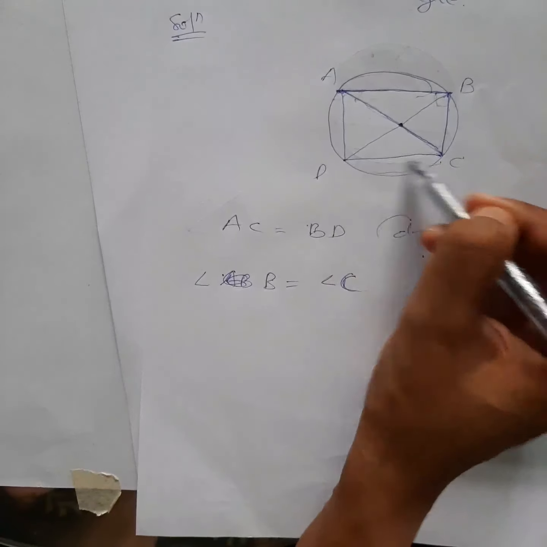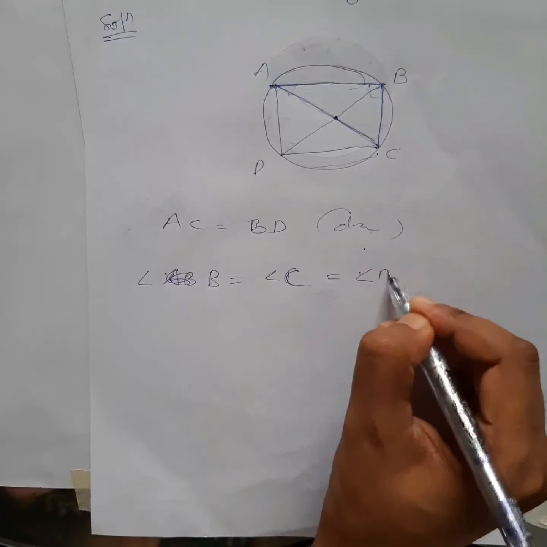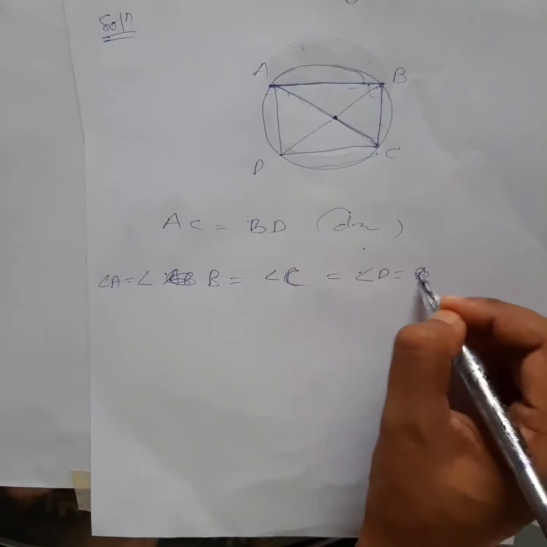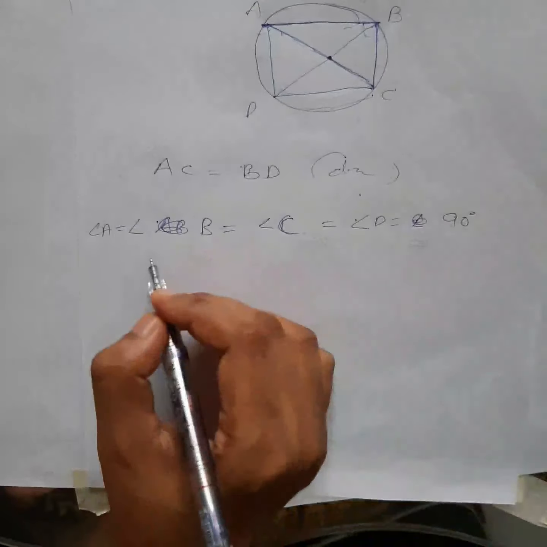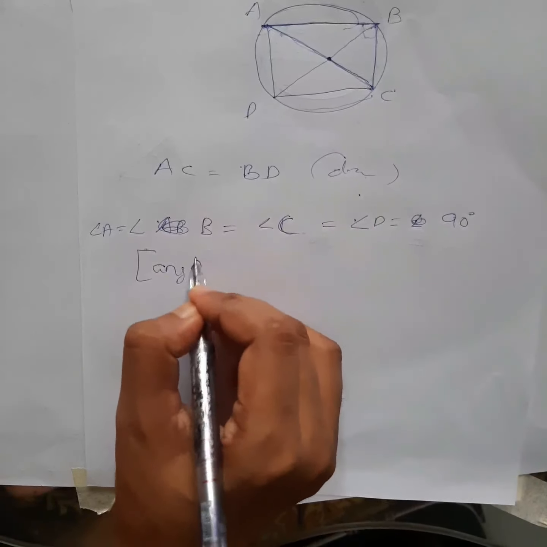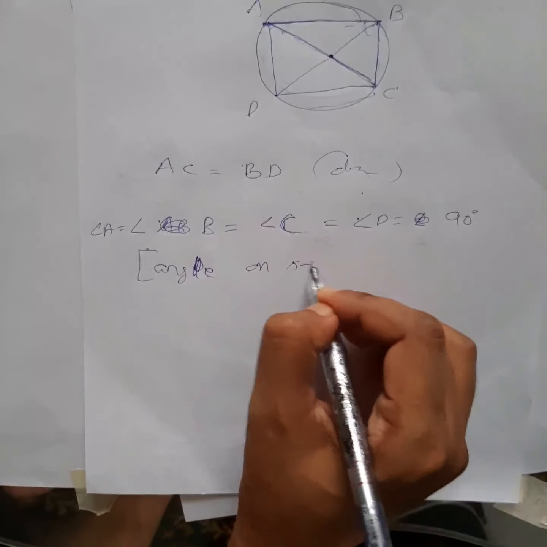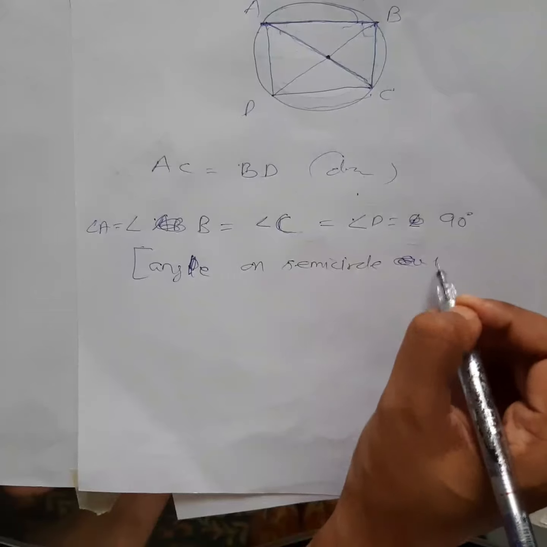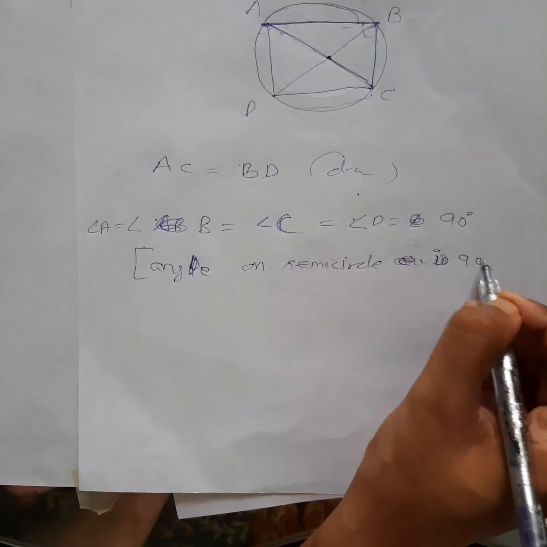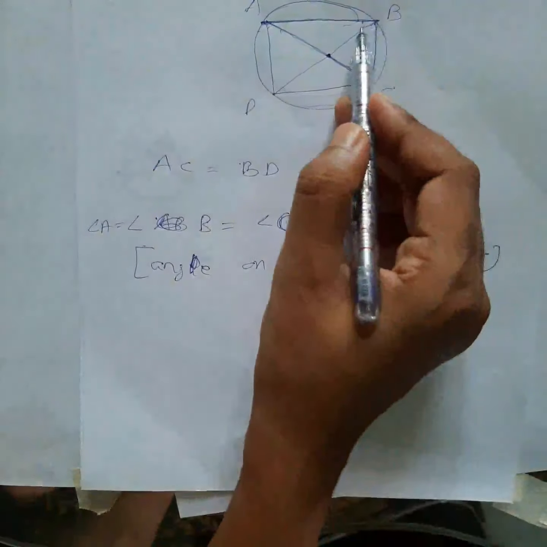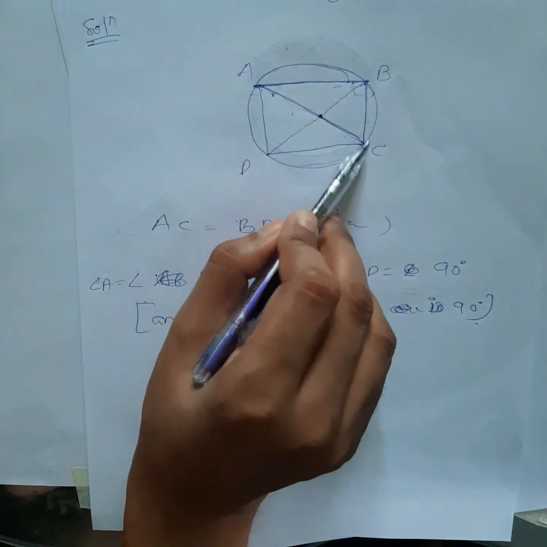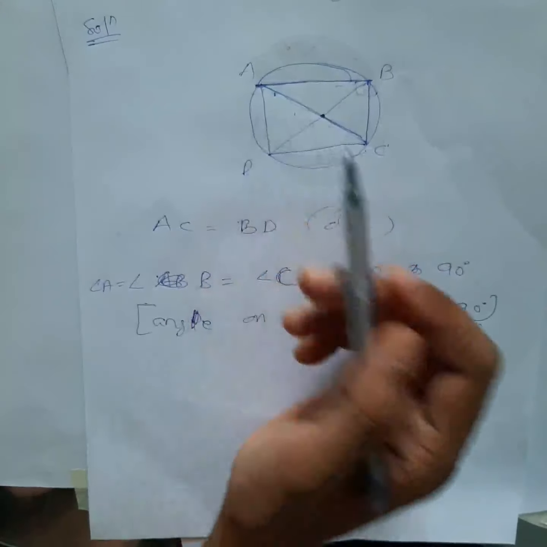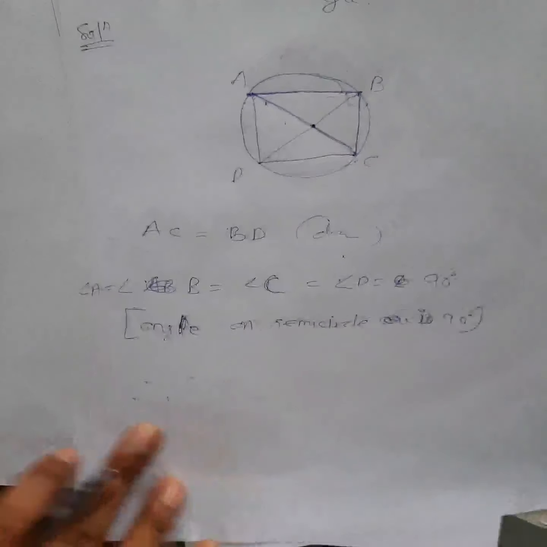Because this is a diameter, so the angle in a semicircle is equal to angle D is equal to angle A. Here angle A is equal to how much? 90 degrees. Why? Angle in a semicircle is 90 degrees. So the angle in a semicircle is always 90 degrees, means what? Obviously this is 90 degrees, this will be 90 degrees, this will be 90 degrees, so it is a rectangle. Therefore ABCD is a rectangle. Okay.